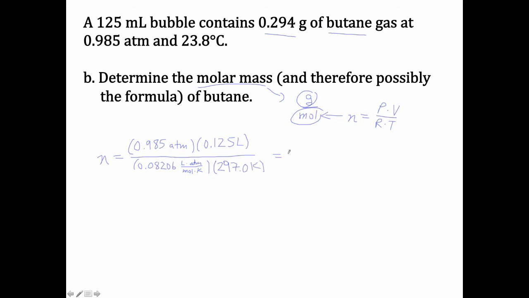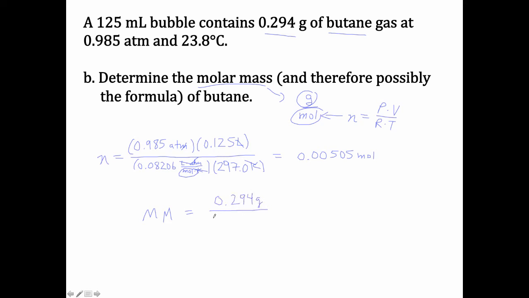And plugging that into our calculator, note that atmospheres will cancel, liters will cancel, Kelvin will cancel, 1 over moles gives us moles, and we have 0.00505 moles of butane.